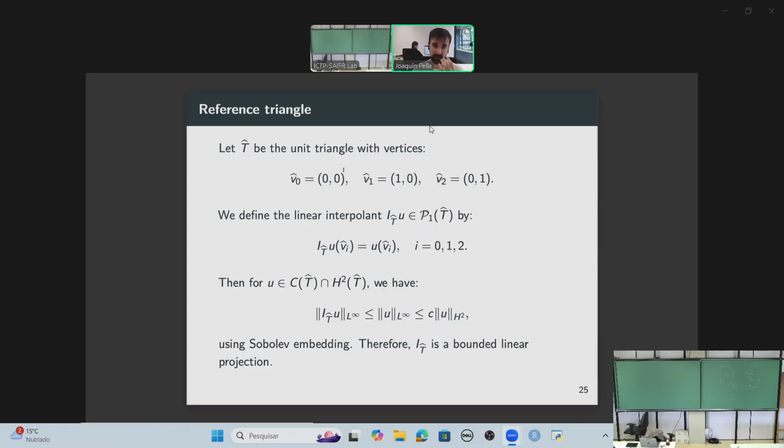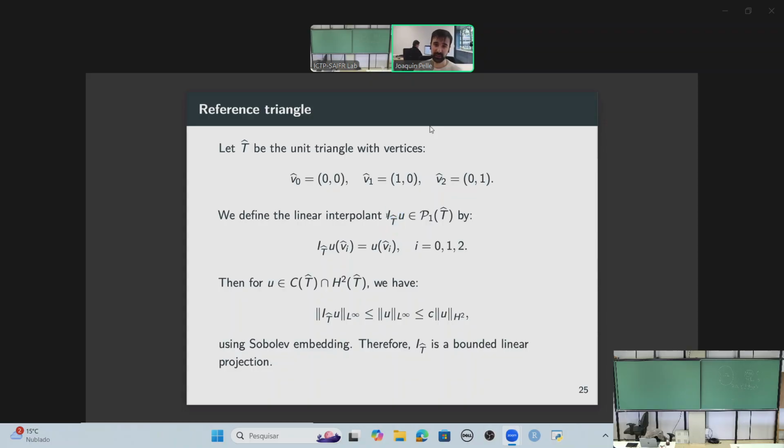So let us start then with building this reference triangle, which is simply a triangle with three vertices on these points: 0, 0, on 1, 0, and on 0, 1. So a very nice reference triangle. And we're going to start with a simple projection, right? We're going to take polynomials of degree 1 on this reference triangle, and the projection that we're going to be working with is basically the linear interpolant.